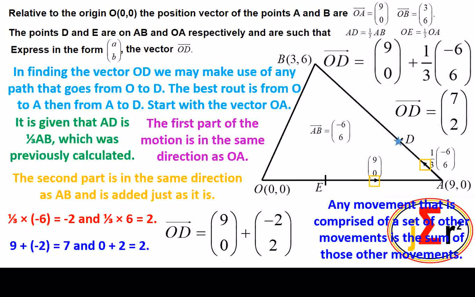The resultant of vectors is their sum. And we've found OD by taking the resultant of the vector OA and the vector AD.